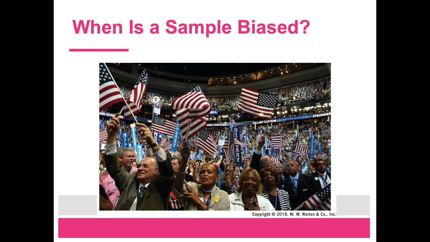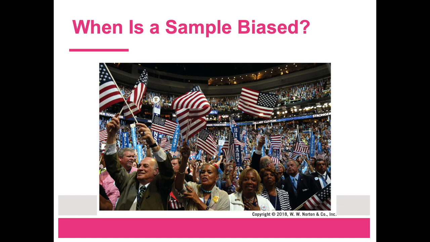So this example, where we were talking about individuals on the front row, how are they different from possibly other Democrats that might vote? So we talked about some, they're more passionate, they're more involved. They could even be an entirely different age group. Maybe they're older individuals compared to younger individuals that don't participate as much.